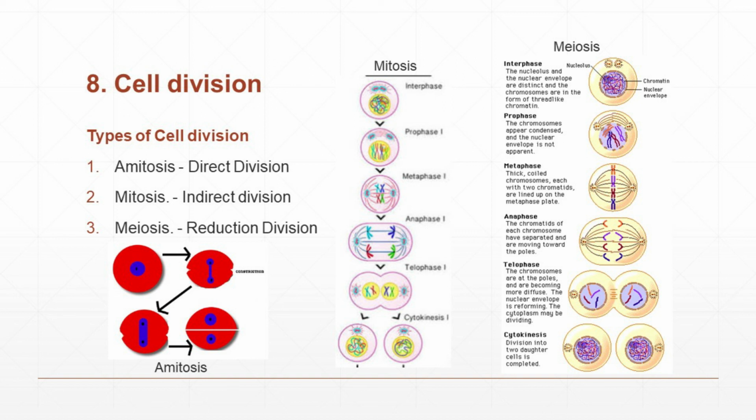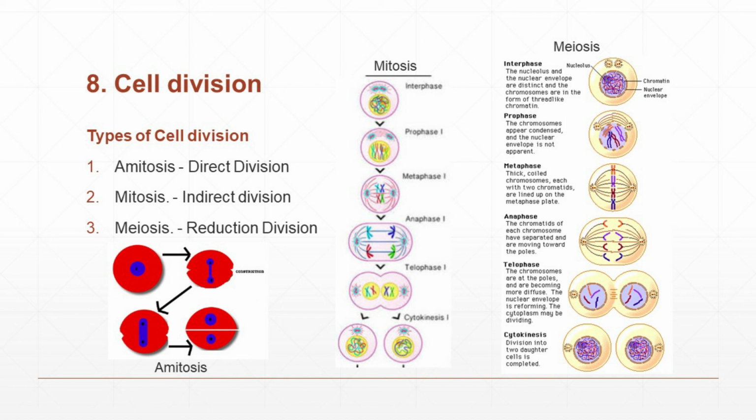Amitosis is the simplest mode of cell division and it occurs in unicellular animals, egg cells and in fetal membranes. Second one is mitosis, that is indirect division.